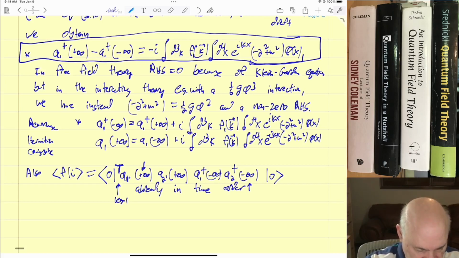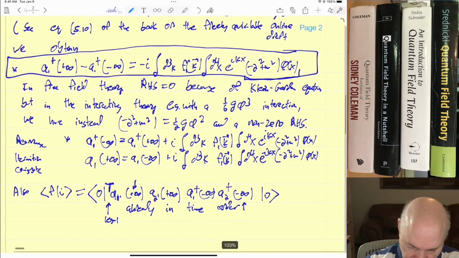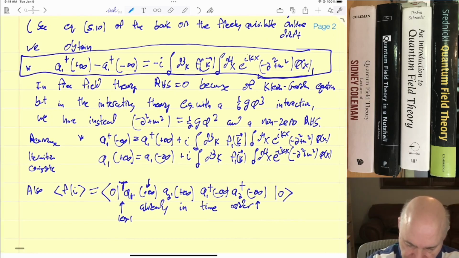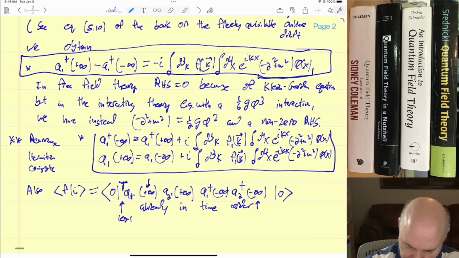Now, after we put that T in there, I use these equations over here. Let's call these star star. I substitute in for the values, and now what happens is, let's say I have a1 dagger at minus infinity.